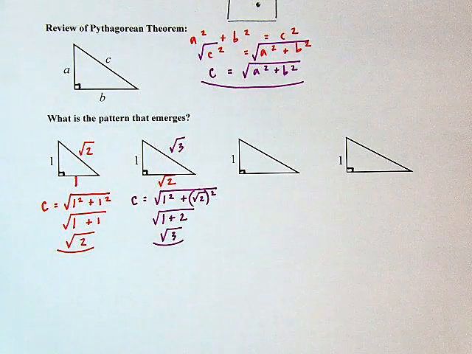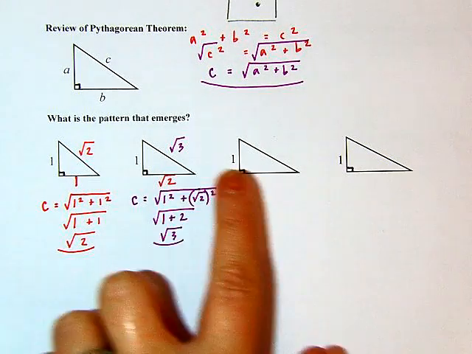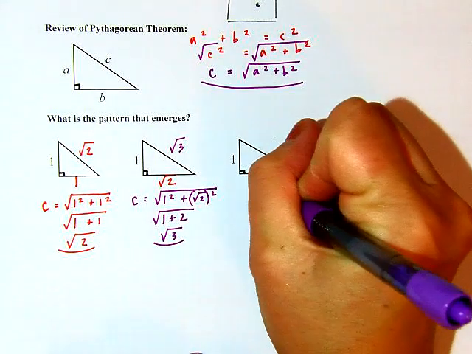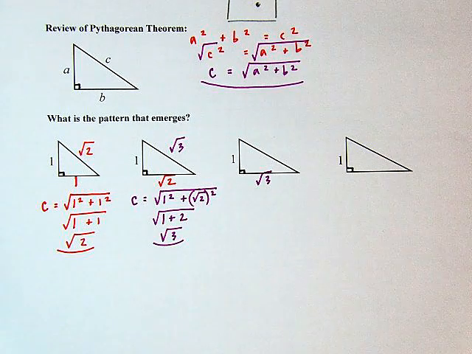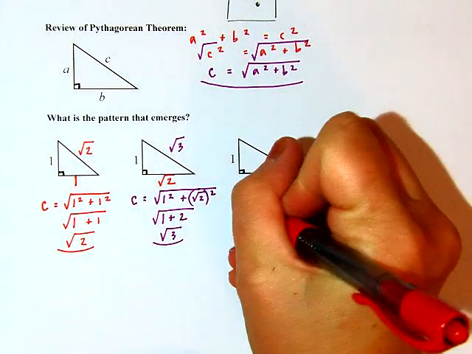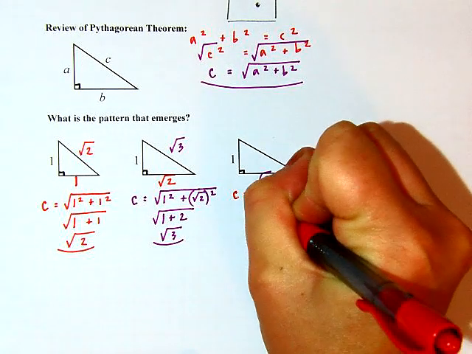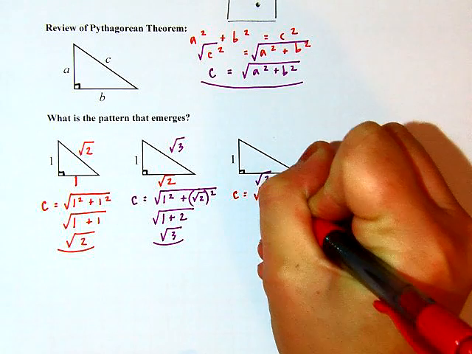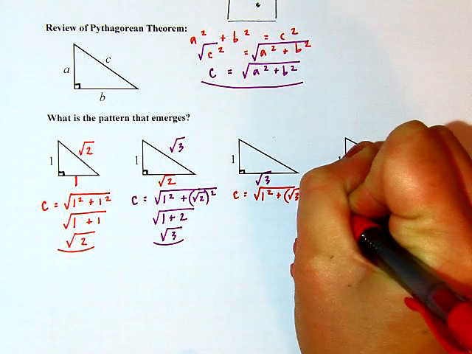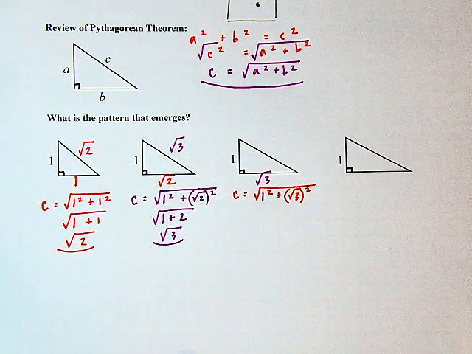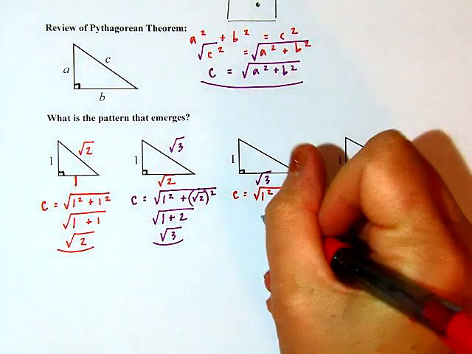Okay, my hypotenuse here becomes the leg of my next right triangle. So my hypotenuse now, c, is equal to the square root of 1 squared plus the square root of 3 as a quantity squared, just like that. Okay, 1 squared is 1.